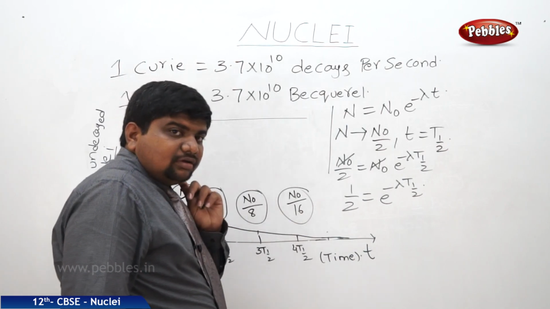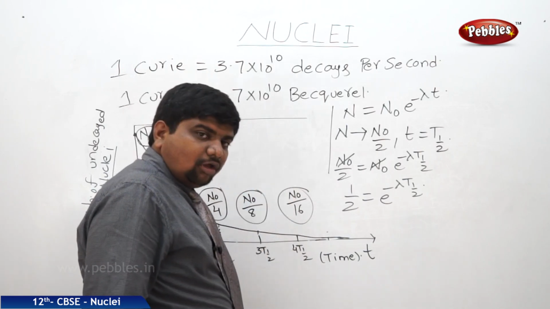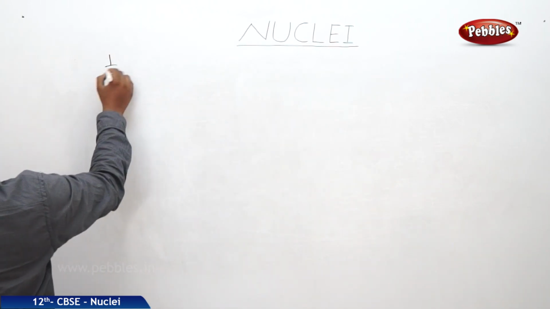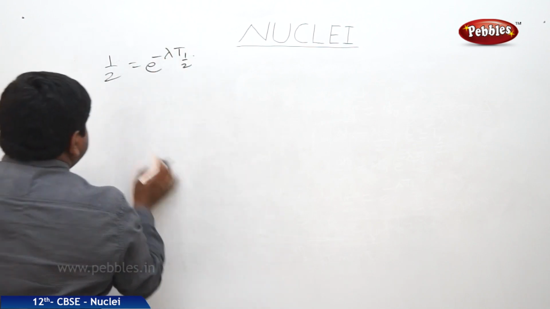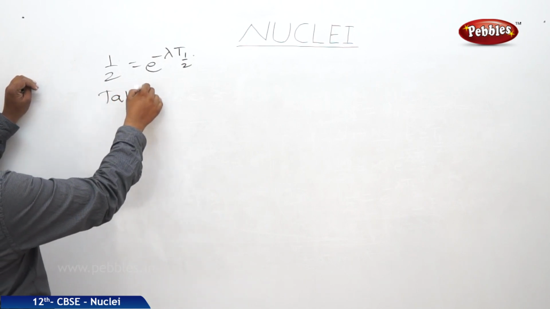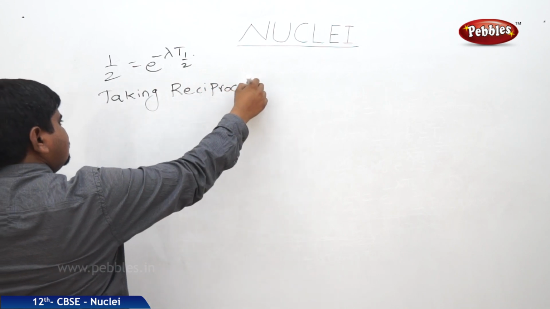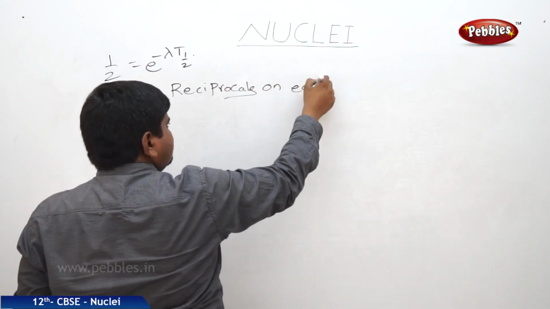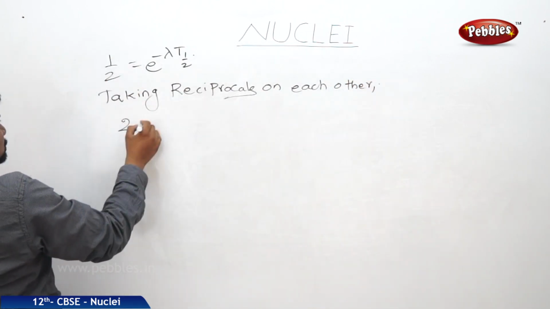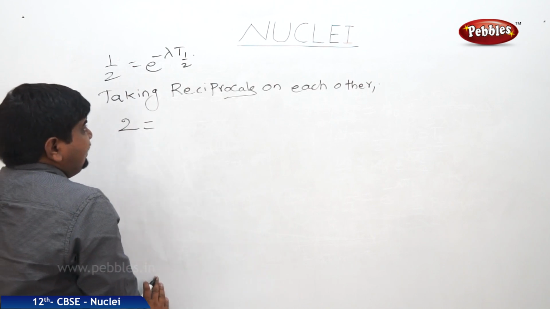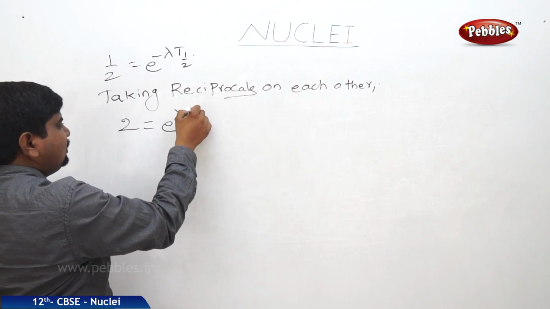Now taking reciprocals of each side, 2 is equal to e power lambda t half.